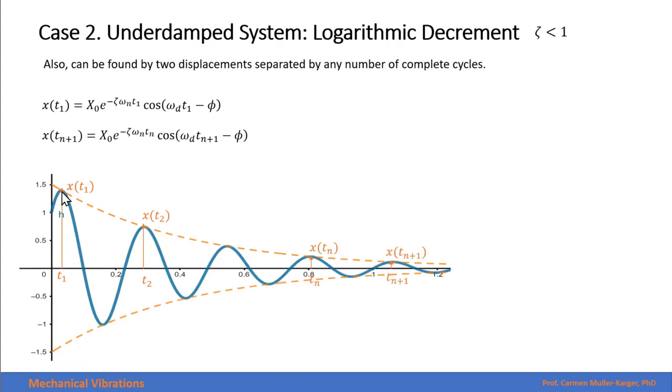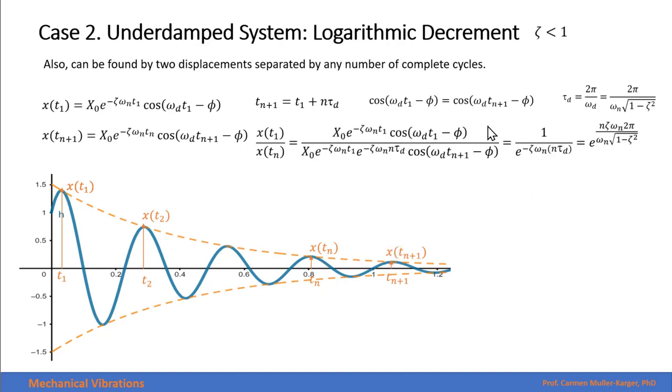We can also find the two displacements separated by any number of cycles. Between t1 and t2 there is one cycle, between t1 and t3 there will be two cycles, so between t1 and t n plus 1 there will be n cycles. So t n plus 1 is t1 plus n Td, where Td is the period. The cosine, the function evaluated at those two times, will be equal. And we can do a similar analysis to what we did before.